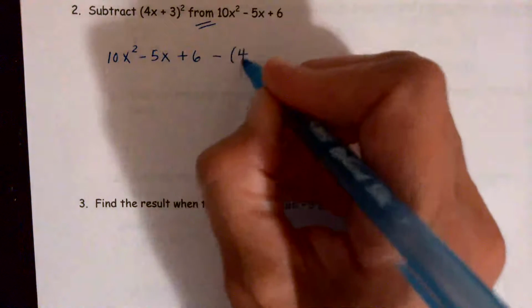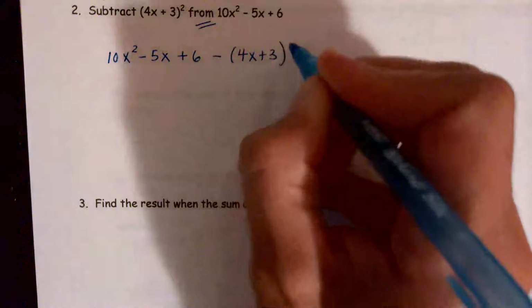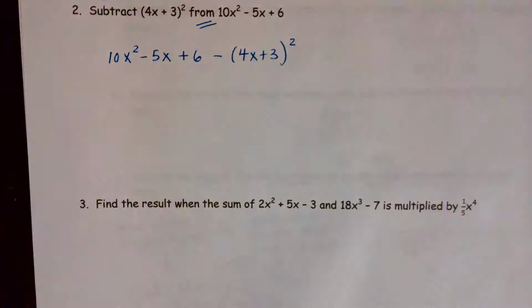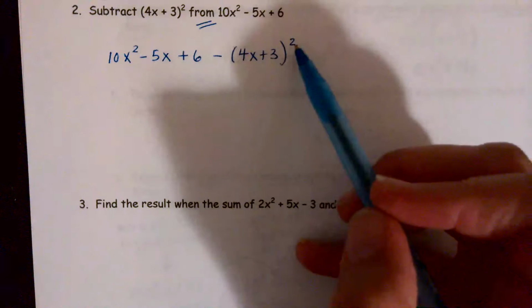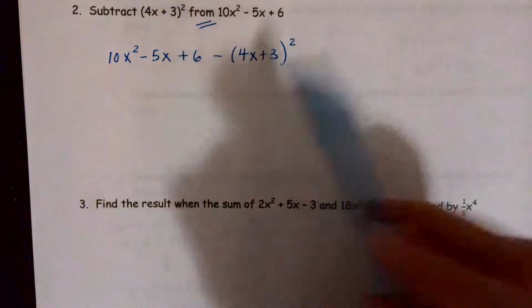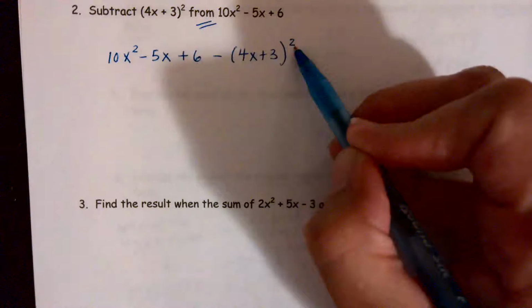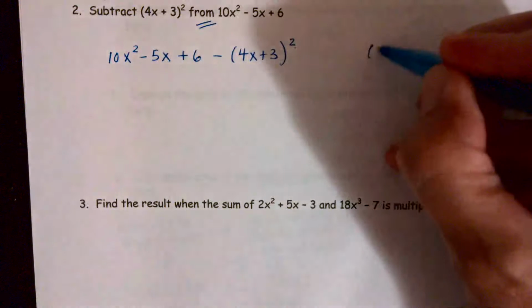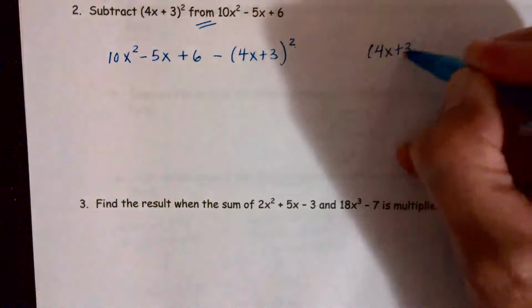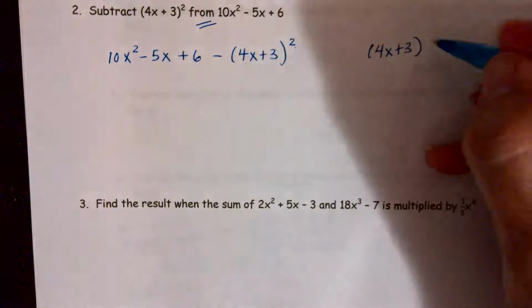Minus 4x plus 3 squared. Okay, now that I've set it up, the next calculation I need to do is to take this squared. So remember, you can do this off to the side.